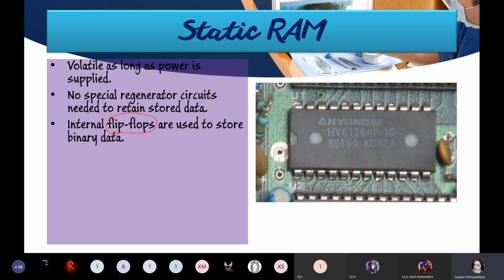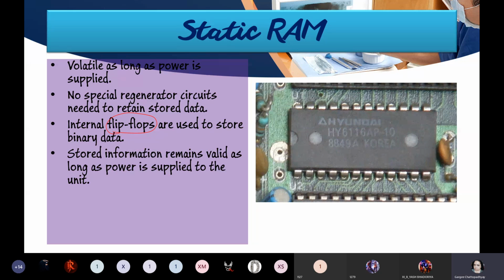When you study computer science in detail in future, you will be studying a subject named digital computer organization or computer architecture. In that, you will study circuits, and about flip-flops. Right now, for your information, flip-flops are special circuits which are capable of storing only 1 bit of data.